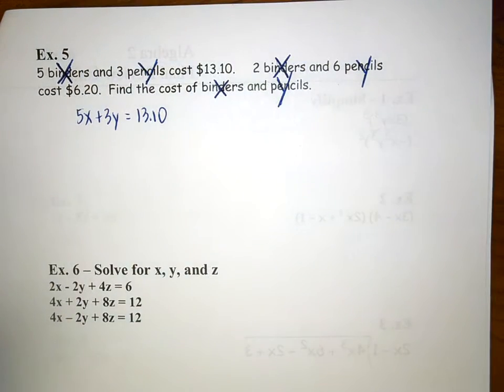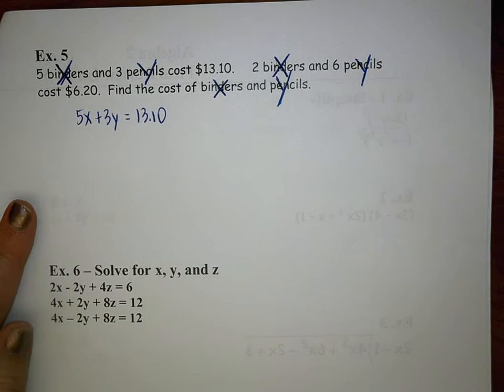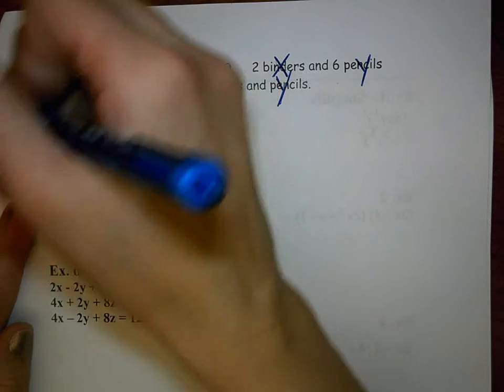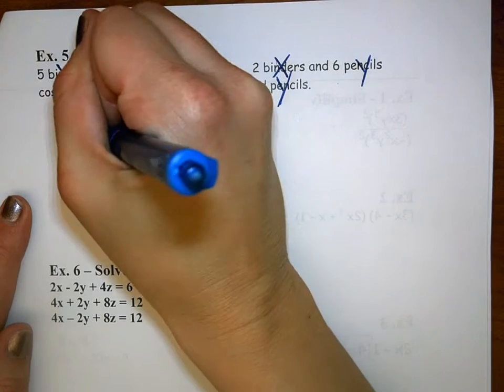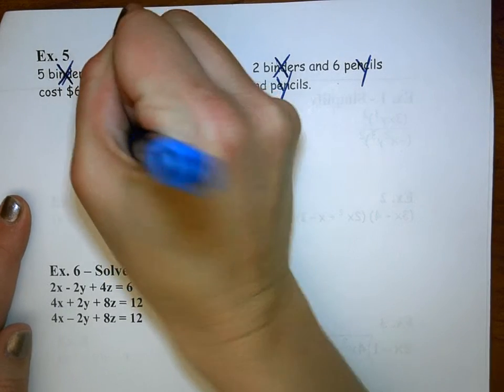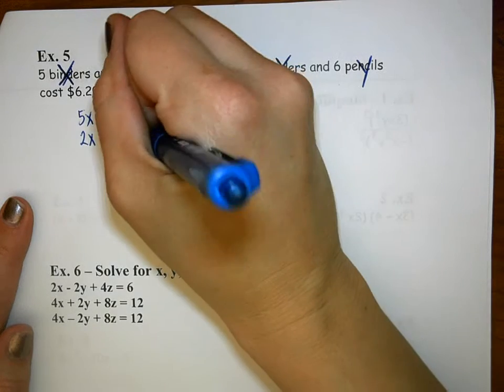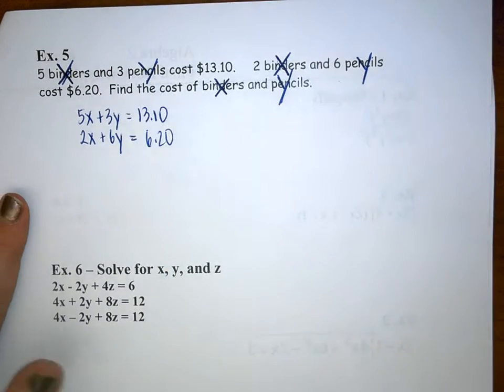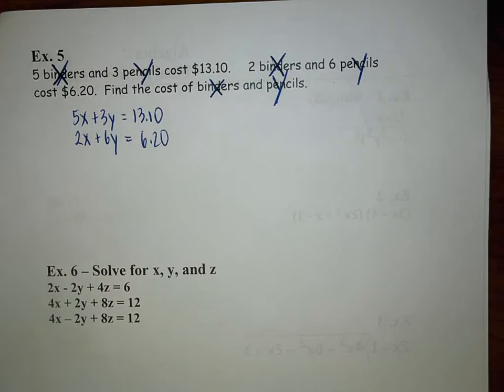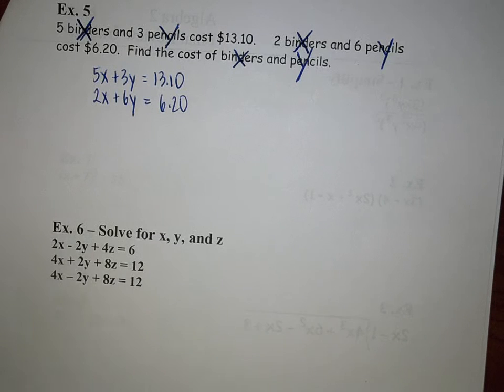What will my other equation be? 2x plus 6y equals, good, 6.20. So looking at our variables, which one looks the easiest to eliminate? The y's. And why do the y's look the easiest?